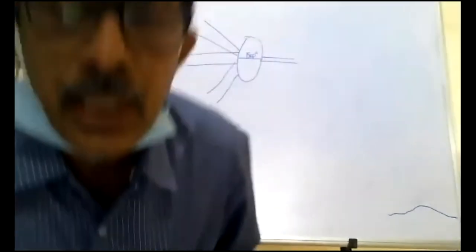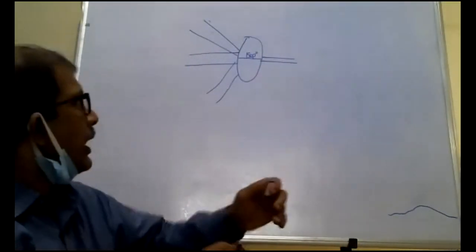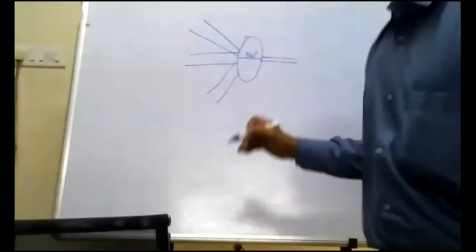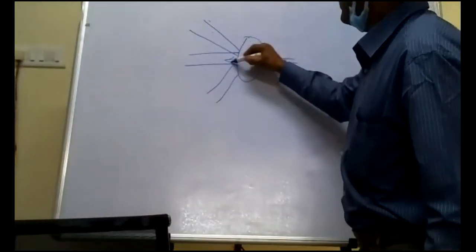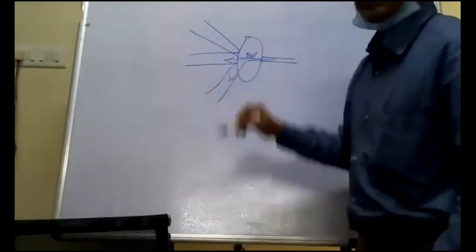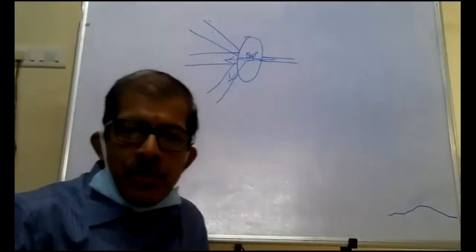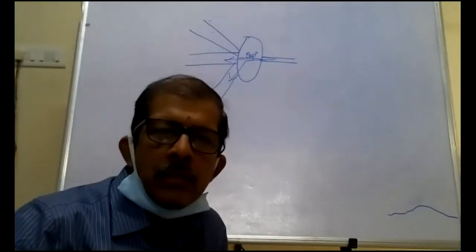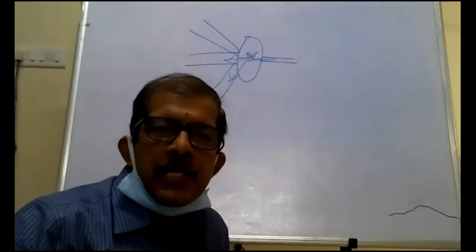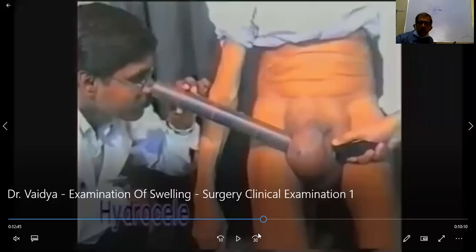Otherwise, because light will not travel in angles. Light will travel like this only. It will not travel like this. So that point you have to observe. Of course, it is not a big mistake, but in some cases, I used to say the most common cause of negative transillumination in a hydrocele is a mistaken or faulty technique.